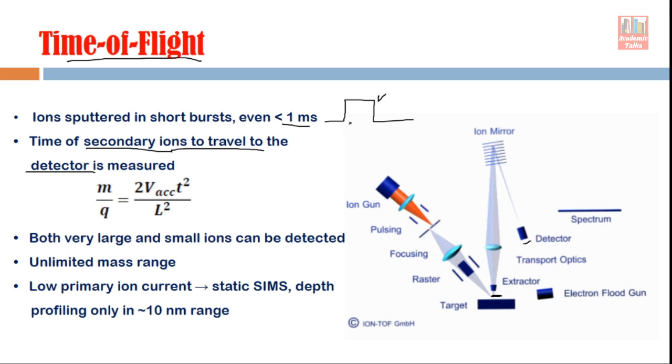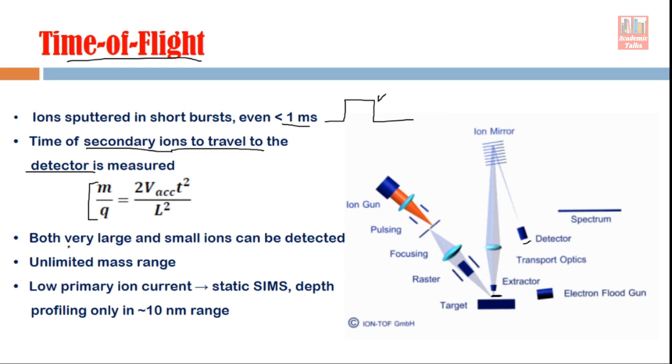How much time does that pulse take to reach the detector? The time difference between the pulse ejected from the sample and the pulse when it is detected at the detector, we have to note down, and that will give us information about the mass to charge ratio. And that way, from this mass to charge ratio, we can identify which element is present in the secondary ion field.